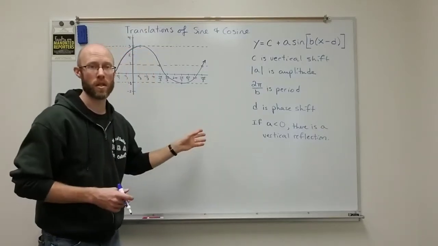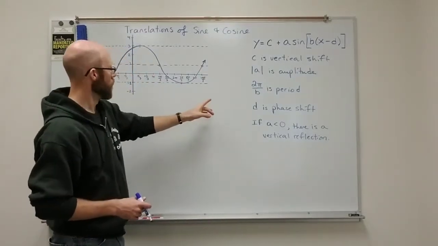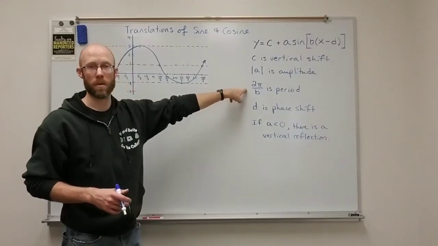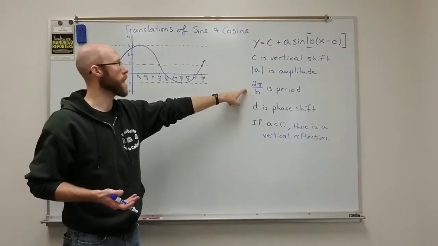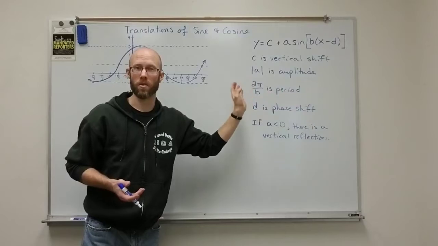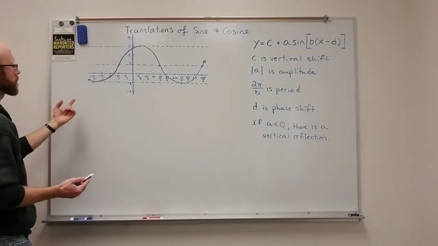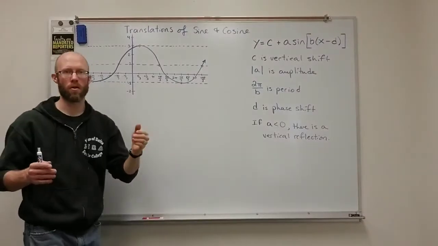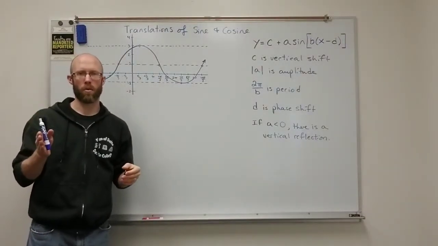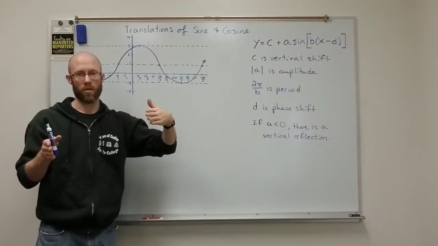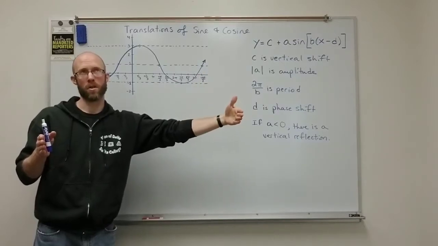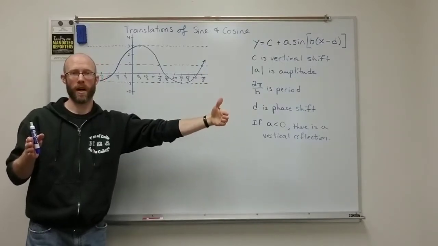There's a few things that we can determine right away, though. The period is probably the first thing. The period does not matter whether it's sine or cosine. It's independent of those. Here, for the period, you always want to take a point on the graph and then go to the symmetric or a similar point on the wavelength.